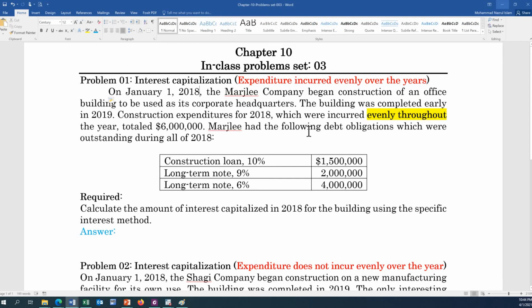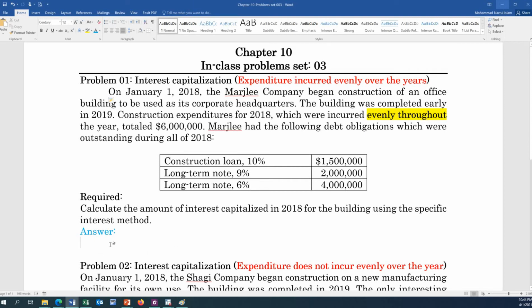The company had the following debt obligations outstanding during all of 2018: a construction loan at 10%, 1.5 million; a long-term note at 9%, 2 million; and a long-term note at 6%, 4 million. Calculate the amount of interest to be capitalized in 2018.